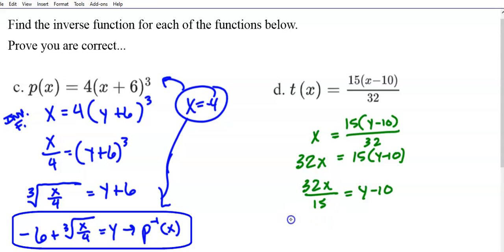So then all I have to do is add 10. So we then have 32x over 15 plus 10 equals y, and that is our inverse function for t.